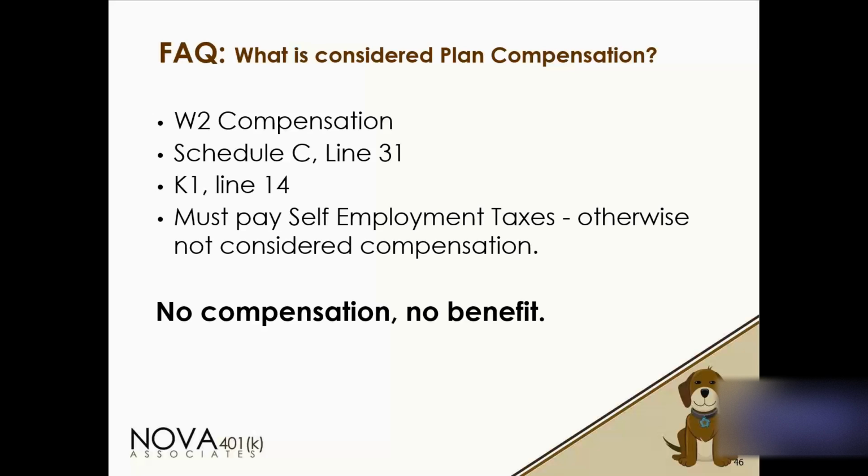So basically, if you pay self-employment taxes on it, it's pay that we can use. If you don't have pay, you can't get a benefit in this plan. If you remember, the maximum benefit is limited by 100% of pay, and I think we can all do that math. 100% of zero is zero, so you can't get a benefit in a plan with no pay.